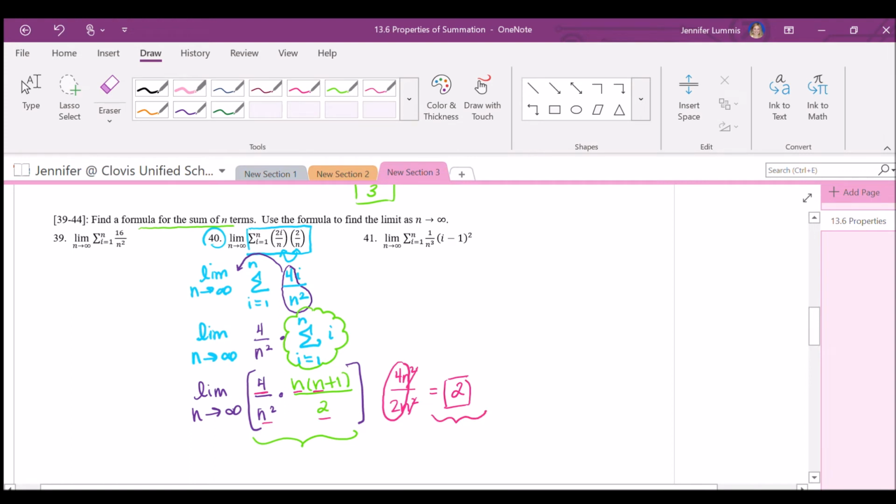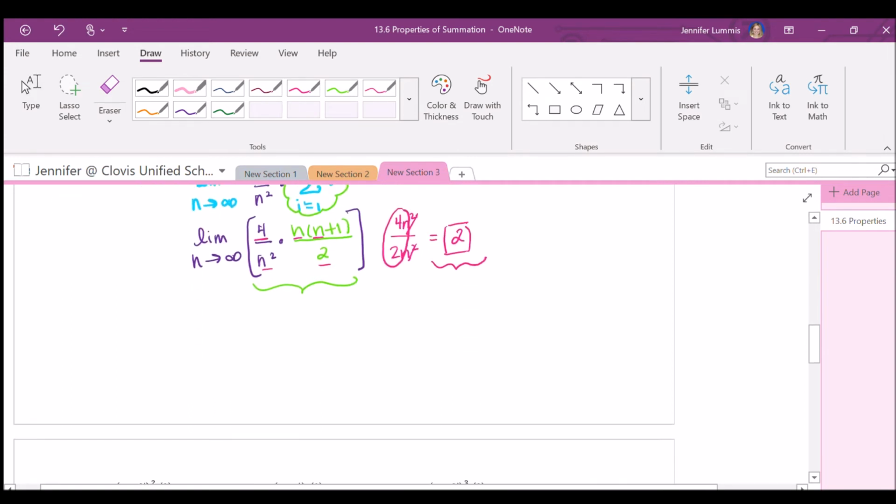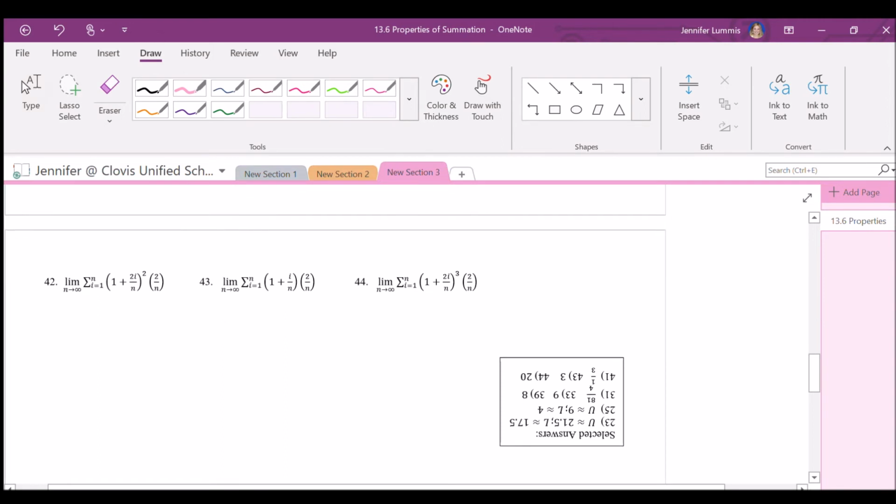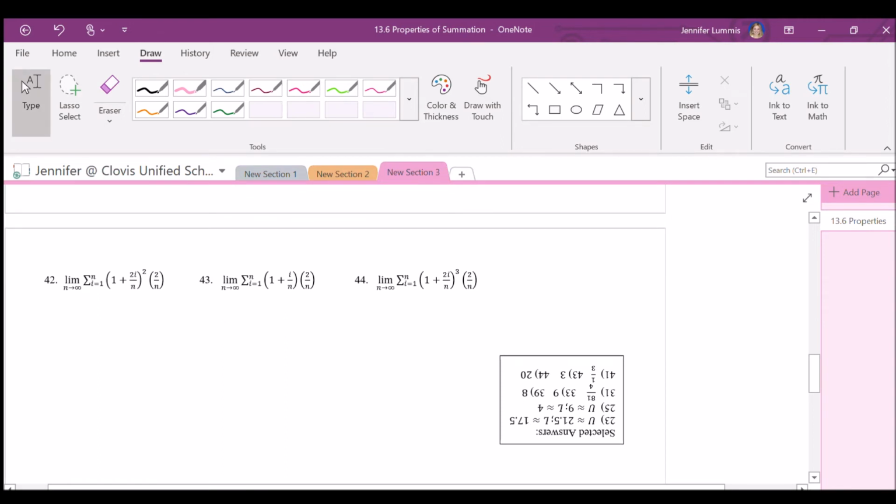So we're going to do this one more time. We're going to scroll down here and try this with problem number 42. This one has a little bit more going on inside, and that's okay. I'm going to start by multiplying this out. So I've got my limit as n goes to infinity of my sum.